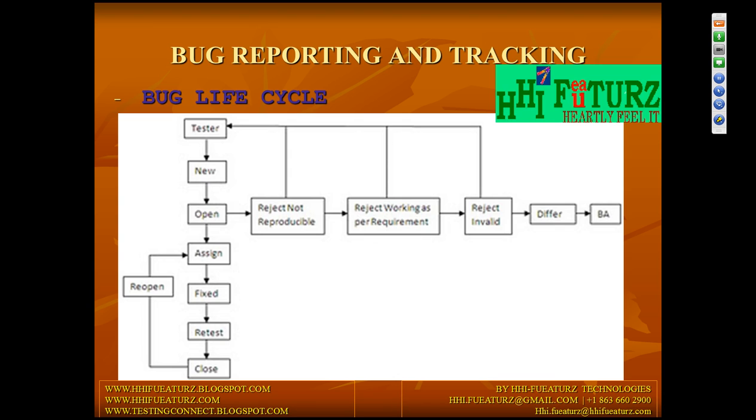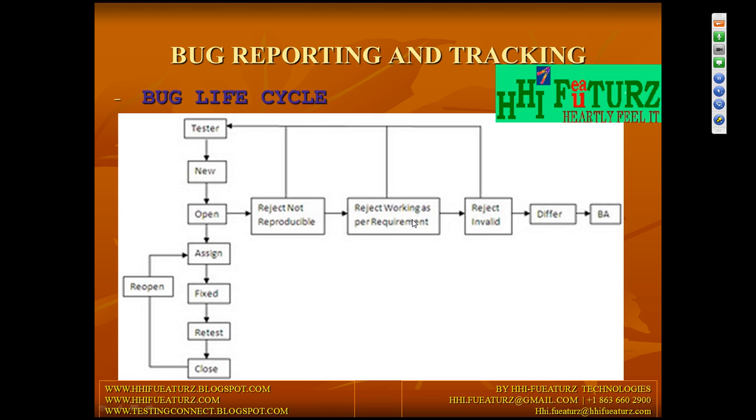If it is not a bug, he will reject it. The rejection reasons can be not reproducible, working as per requirement, or reject invalid. If an invalid bug is given, they may reject it. For example, it works according to requirements on his computer.